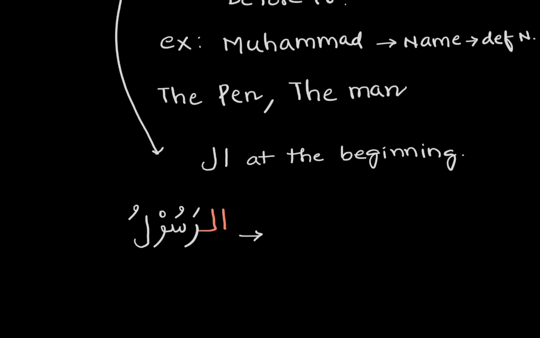For example, ar-rasulu starts with alif lam. Ar-rasulu means the messenger. Since it starts with alif lam, this noun is a definite noun.